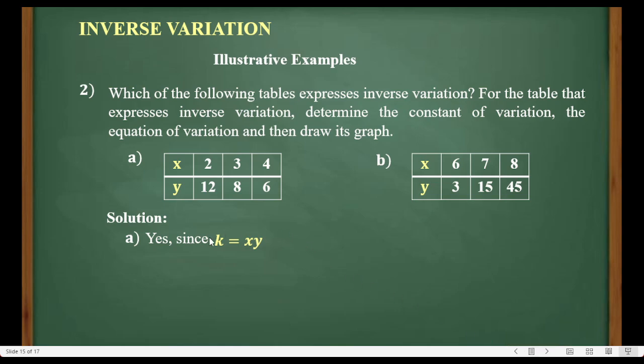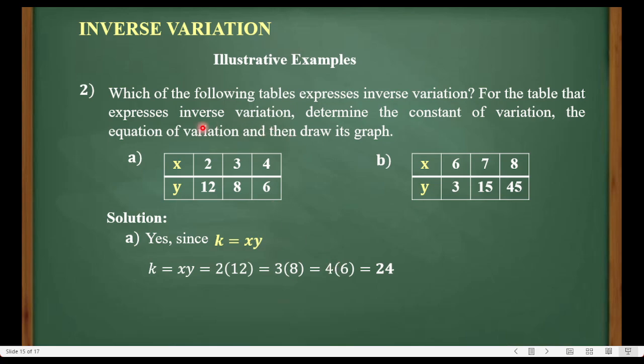Since k, the constant of variation, is the product of the values of x and y. So if we're going to use the pairs of x and y values, we get their product. It's 24. 12 times 2 is 24. 3 times 8 is also 24. 4 times 6 is also 24.